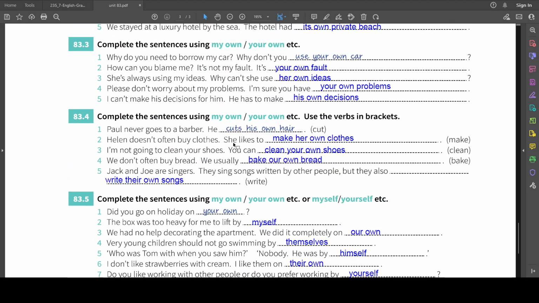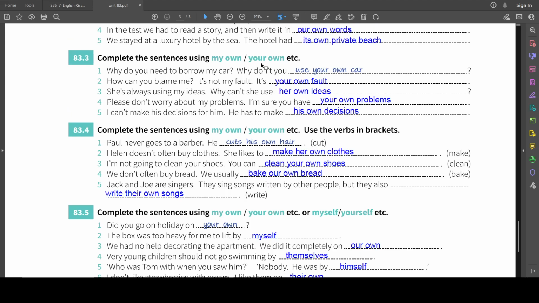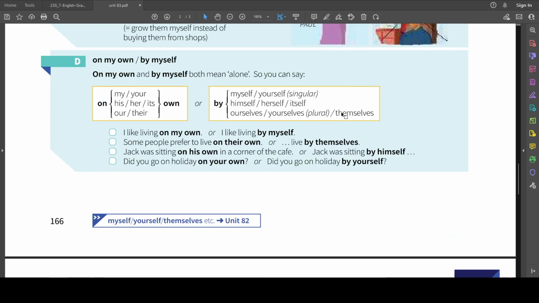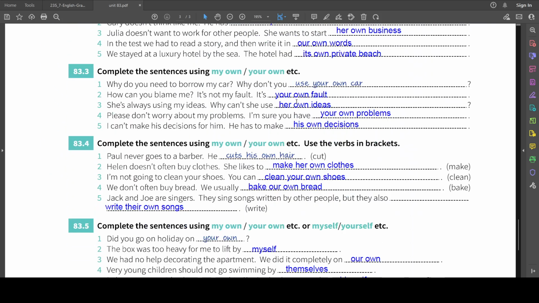In these examples, your own fault. So this fault is only for him, not shared. He is the only one responsible for this. She's always using my ideas.